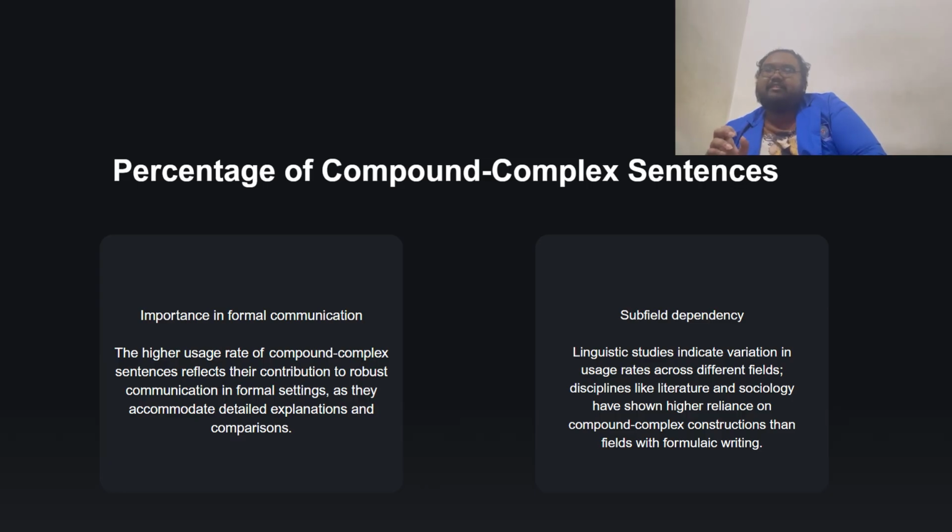Linguistic studies indicate variation in usage rates across different fields. Disciplines like literature and sociology have shown higher reliance on compound-complex constructions than fields with formulaic writing.